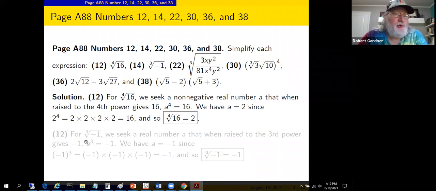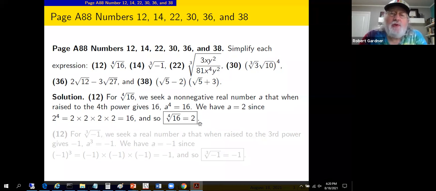It's also true that -2 times -2 times -2 times -2 equals 16, but the fourth root of 16 is not -2. What role does the -2 play in this? Well, they didn't ask us, but the negative fourth root of 16 equals -2. Put a negative on both sides, and there's your -2.